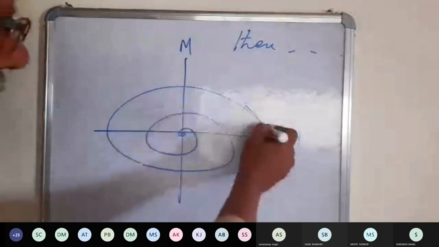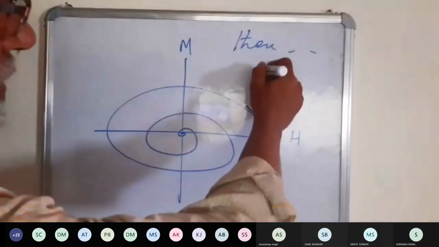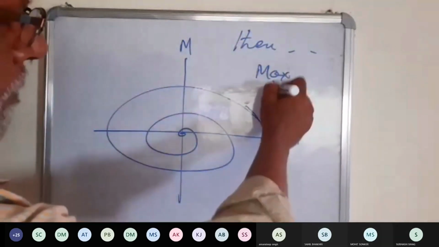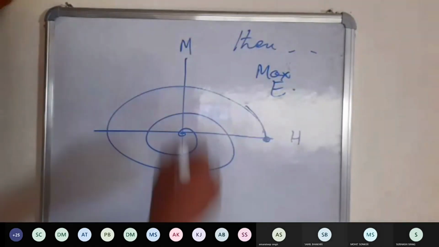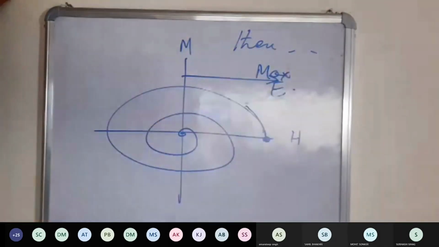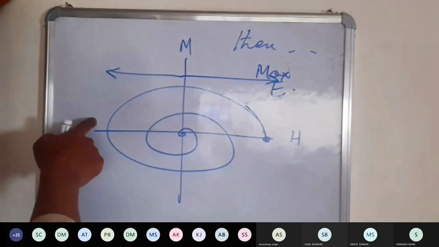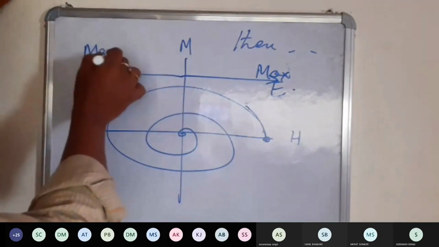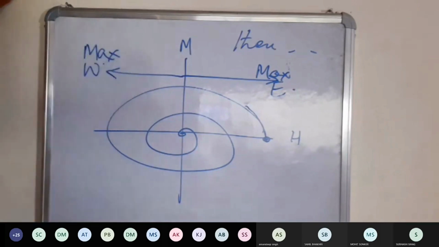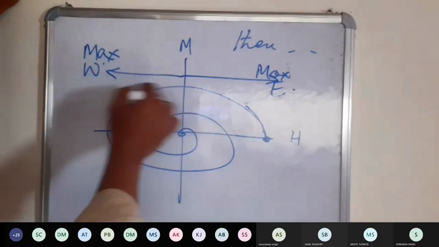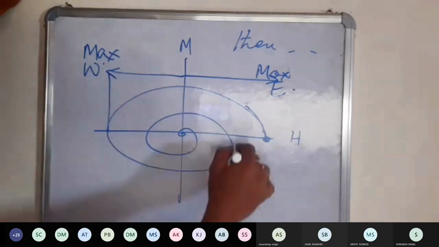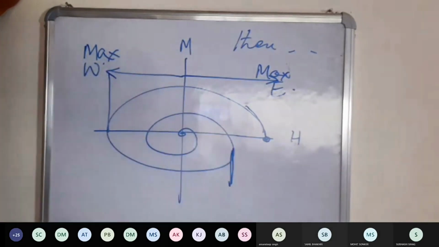Let this be the first reading, maximum easterly. Then the next consecutive reading is maximum westerly. On the second turn, it goes here and comes to this.